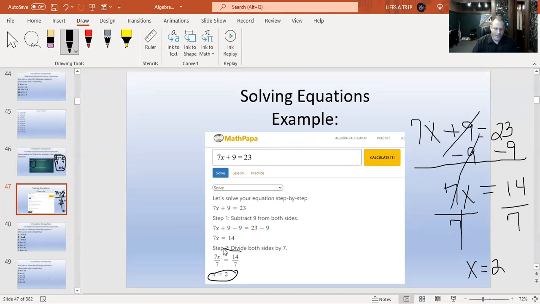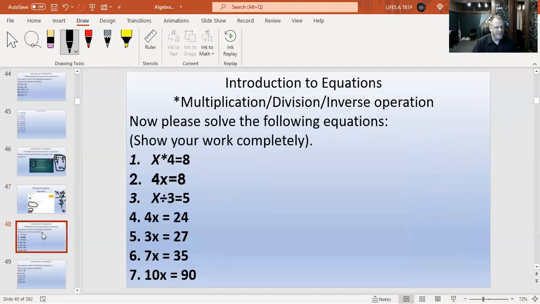So this is what we're going to be mainly focusing on in today's lesson. In the last video, we focused on this portion right there. So let's do some practice problems, guys. First, I'm going to start off a little slow, and then we're going to get faster. All right, so x times 4 equals 8.